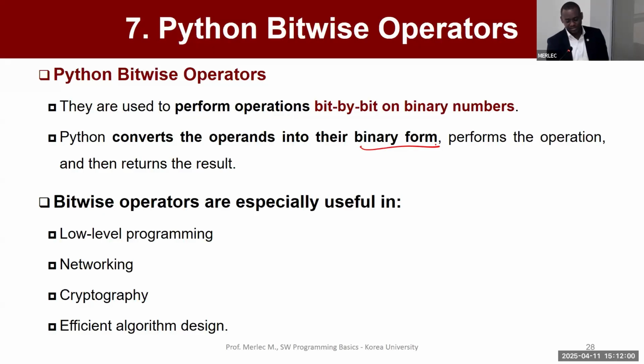The bitwise operators are used especially for low-level programming. You remember when I was explaining the difference between the compiler and the interpreter. I mentioned last time that the compiler is used to convert the source code into a low-level language, which is close to machine language, so it can be easily understood by the microprocessor, while the interpreter does that at runtime, line by line.